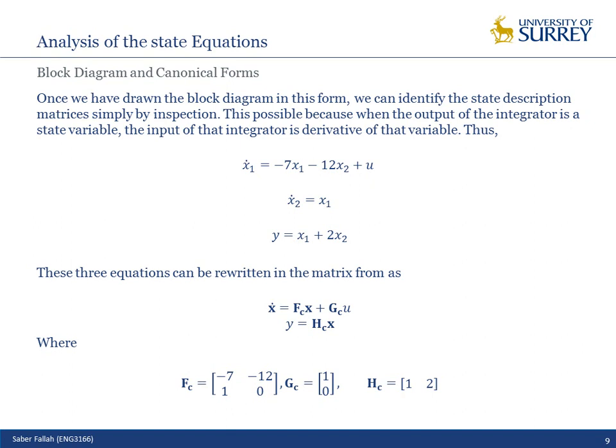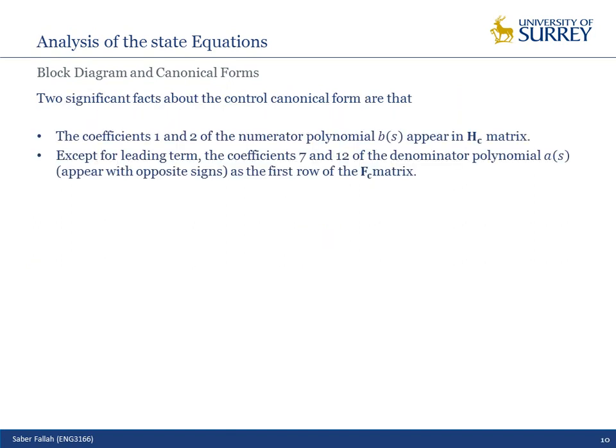In general form, two significant things they explained. The coefficients 1 and 2 build up your output vector HC, and the coefficients of the denominator will build up your system matrix.